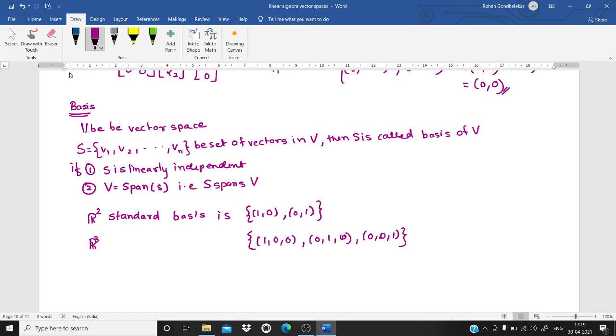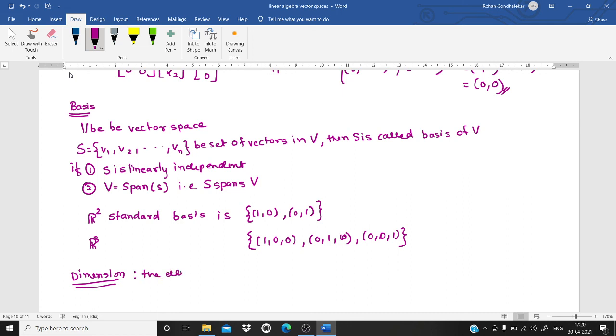Are you clear with that? Yes. And from the standard basis, of course, there is one more concept that is called dimension. Dimension of the vector space. So the number of vectors in the basis of V is called the dimension of the vector space. This definition is very simple.